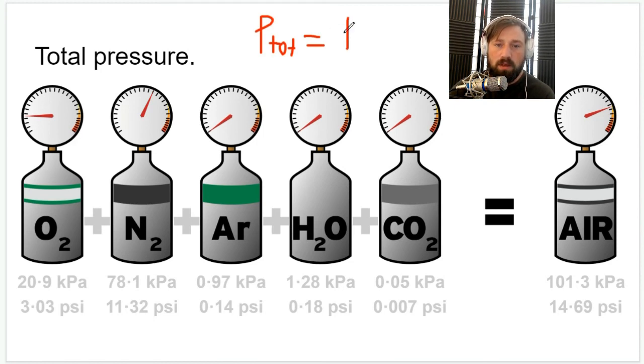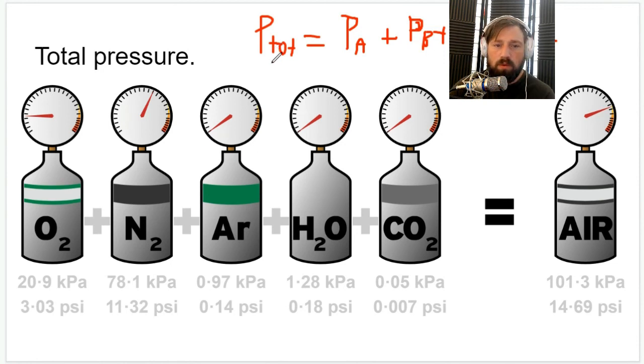You can think of it as the pressure of your first thing plus the pressure of your second thing plus the pressure of your third thing, and so on. We'll get into the why of this when we talk about KMT, kinetic molecular theory. But for right now, just remember the total pressure is all of the partial pressures summed together.